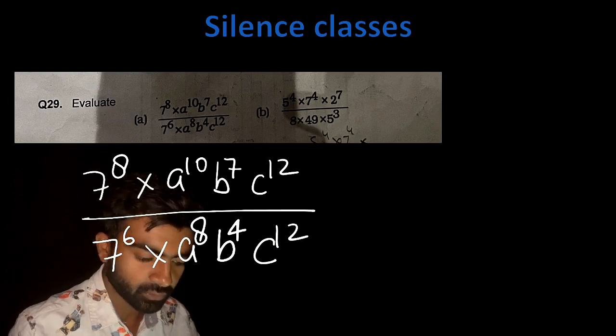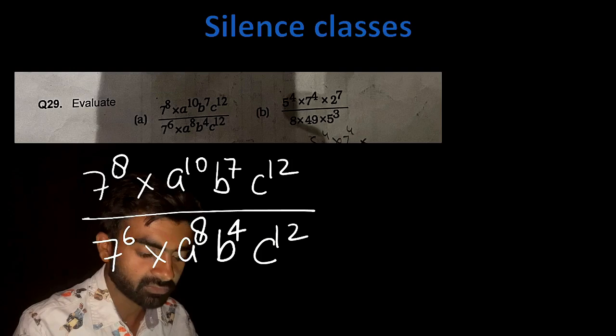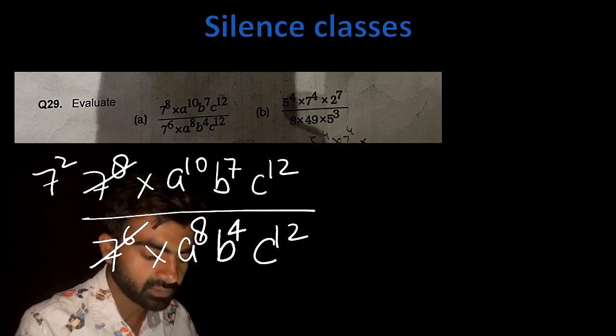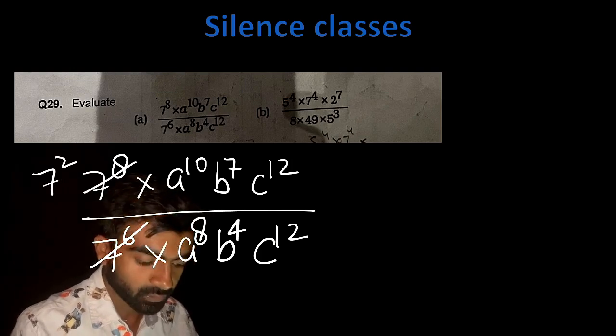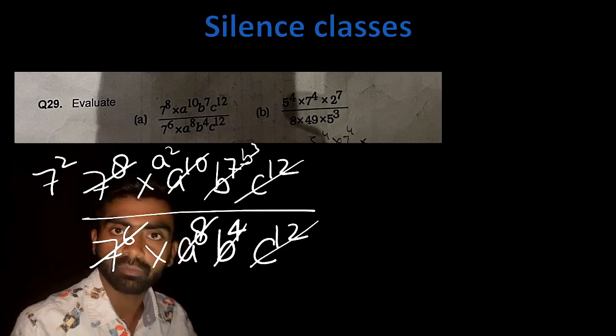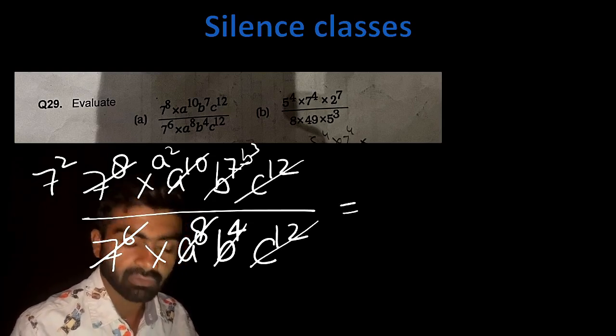For all these variables, 7 to the power 6 means 7 is written 6 times. Over here 7 is written 8 times, so we can cancel, and we get 7 to the power 2. Over here a to the power 10 over a to the power 8 gives a to the power 2. Now b to the power 3 is there, and c to the power 12 and c to the power 12 will cancel completely.